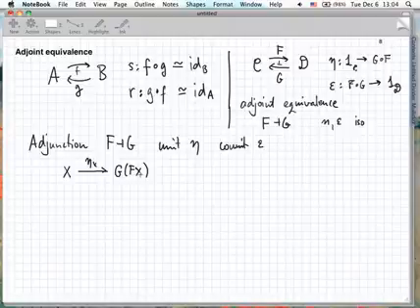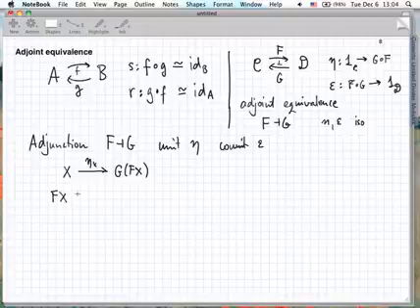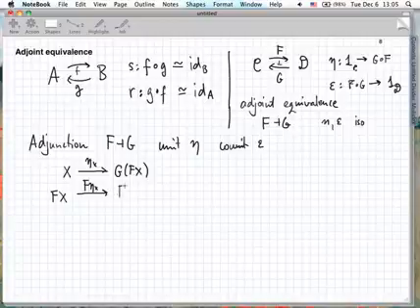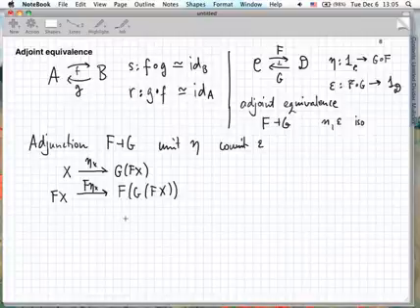Well, I could, for example, apply f to this. And if I apply f to this, I get f of eta x, f g f x. But now you stare at this and you say, well, this is fg, and here I have fg.